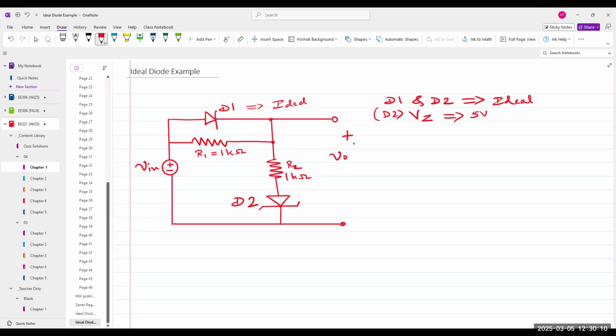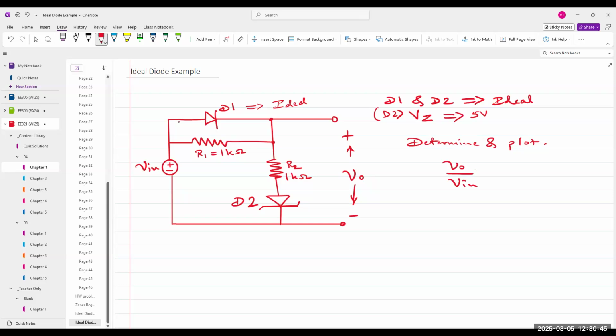So then our V out is measured between these 2 points. And the question again is: determine and plot the transfer characteristics of V out and V in.